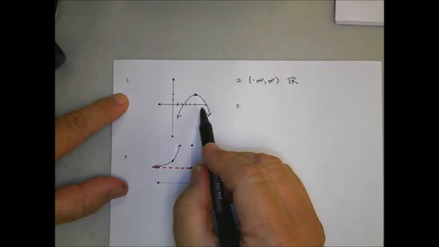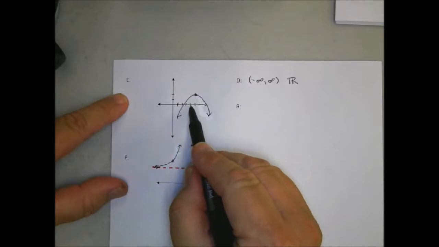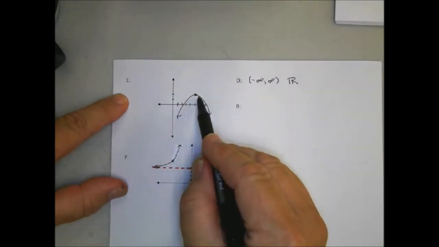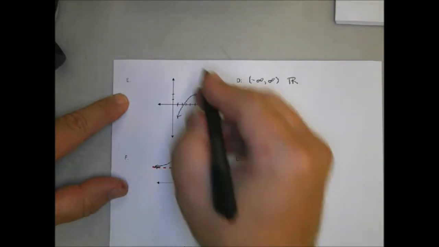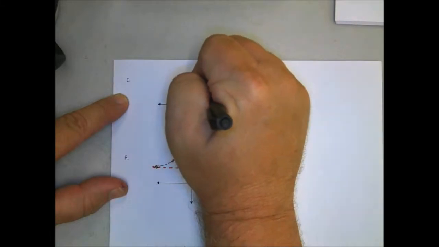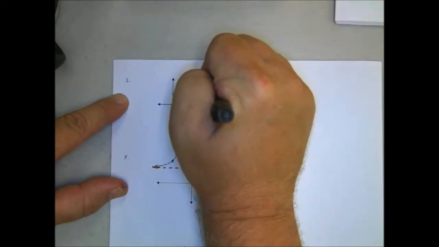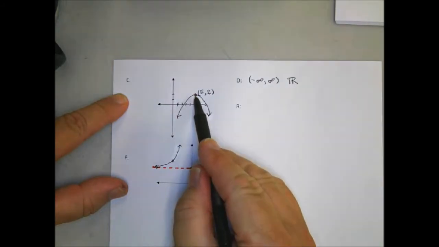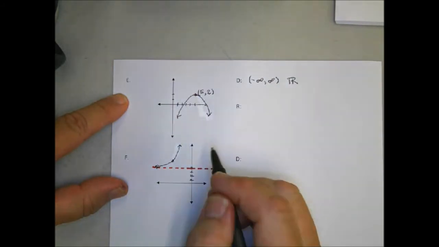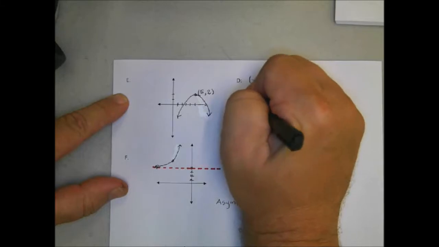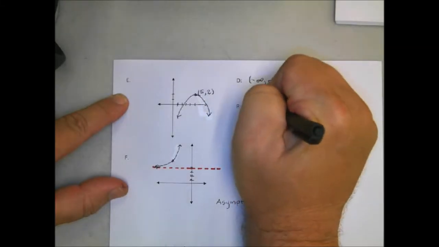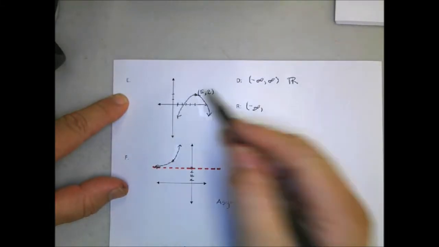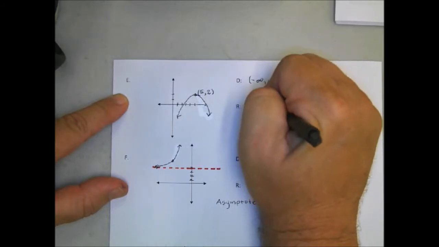The range, on the other hand, we kind of have to be a little bit more careful. 1, 2, 3, 1, 2, 3, 4, 5, 1, 2. That point is 5, 2. That tells us 2 is the highest point that this parabola reaches. So the range is negative infinity to positive 2.